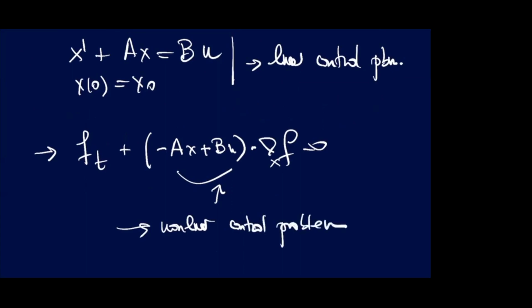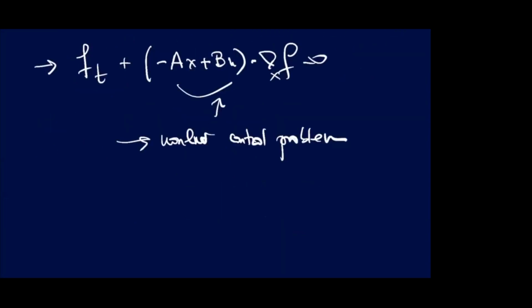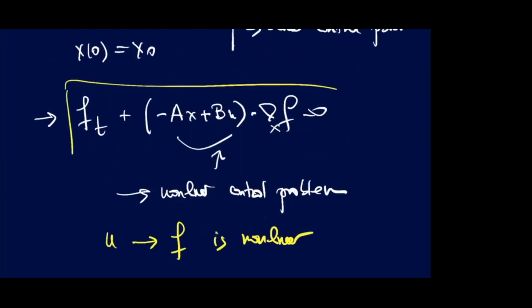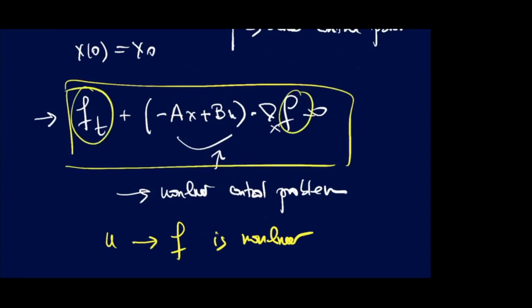Why? Because you see, yes, the equation for F is linear once you give me the U. But as we were discussing yesterday, the mapping from U to F is non-linear, right? So this is not a linear control problem, although the equation is linear in F. Why? Because the control is entering here as a coefficient multiplying the state, right?